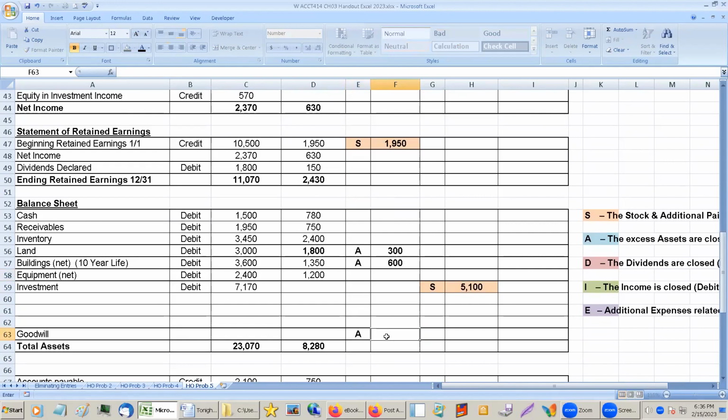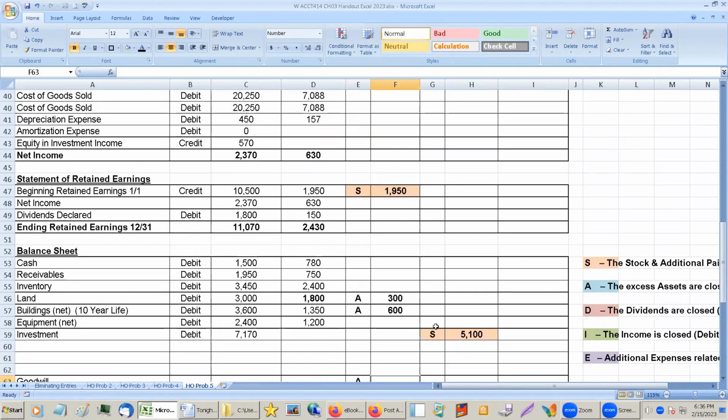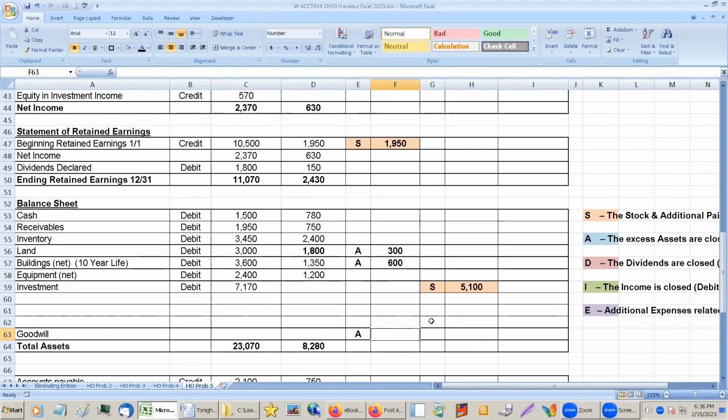And the one that I always forget is goodwill, which is 750. It doesn't balance and I get really mad, and then when I figure out that it's goodwill, I get even madder and go to therapy. All right.